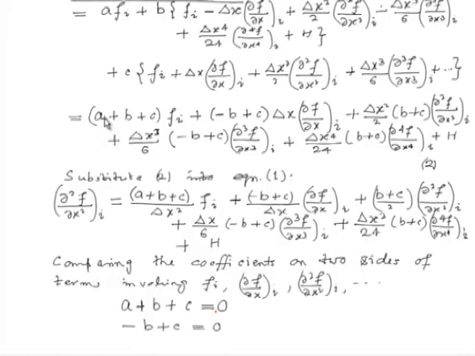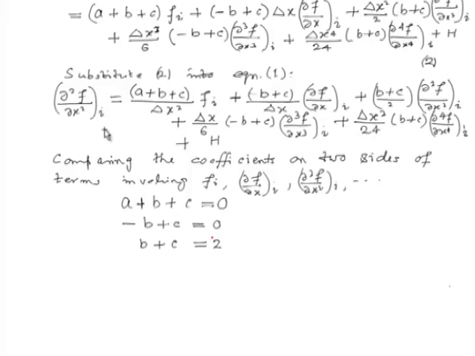We got three unknowns, we need one more equation. So now let's compare the coefficients of the second derivative. The coefficient of second derivative del 2f over del x square at i is 1 on the left hand side. Its coefficient on the right hand side is (b plus c) by 2. So if we equate these two, we get b plus c is equal to 2. From these equations, if we just add the last two equations, we get 2c is equal to 2, which implies c is equal to 1, and we can solve for b from second equation.